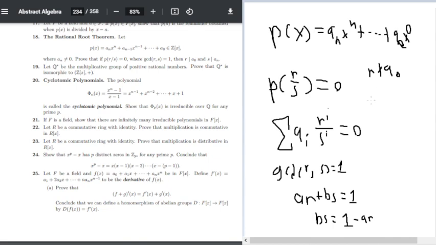Let me think. So in our solution, we have r over s times this whole term, I'm just going to call it chi for now, this whole term chi, plus a naught is equal to 0.